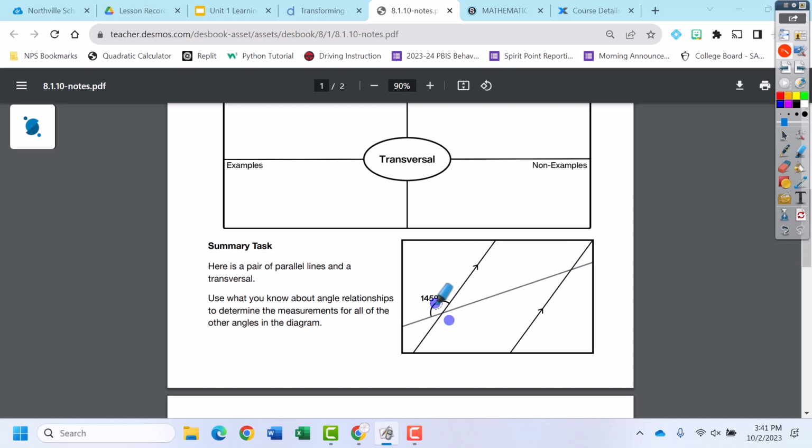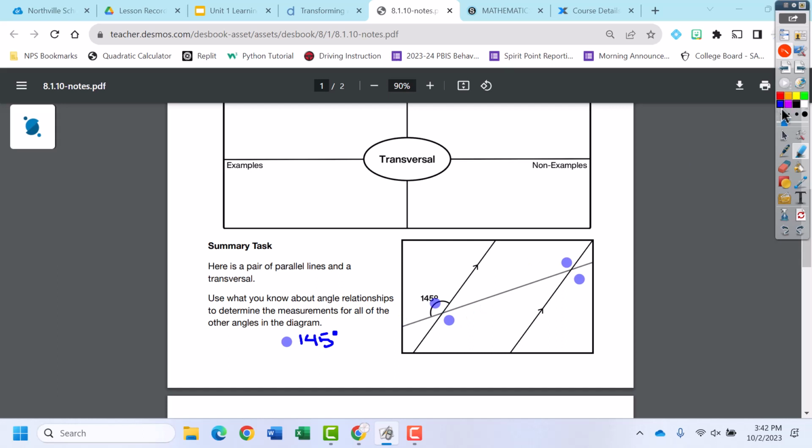I should be able to translate that 145 degree angle right down here to this intersection. That should be 145 degrees. And this should be 145 degrees as well because it's a vertical angle. So all the blue dots are 145 degrees. Just write that here. Sorry, I'm writing with my mouse. But we were asked to find all of them.